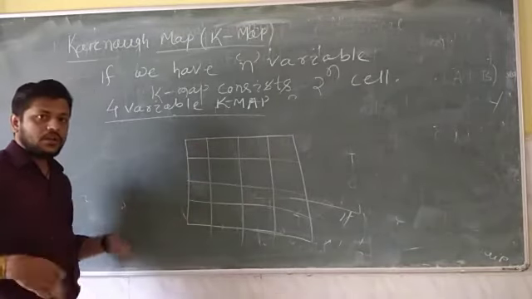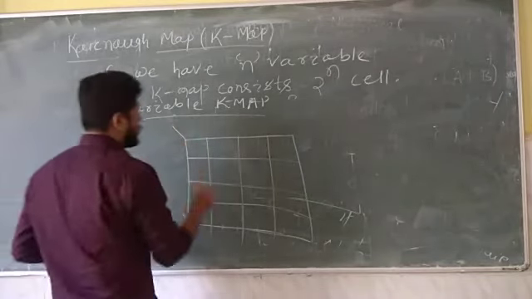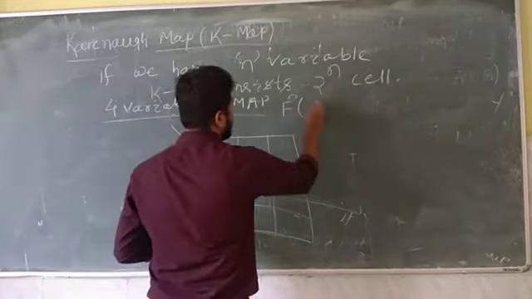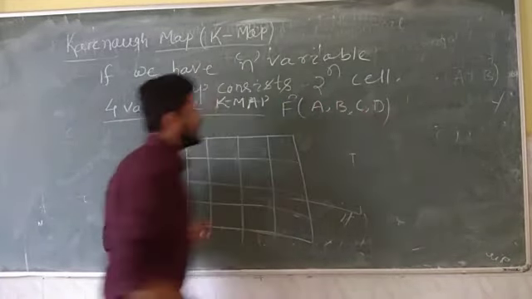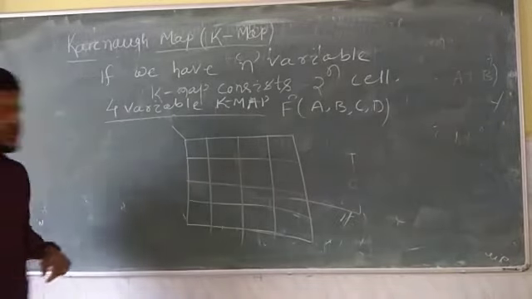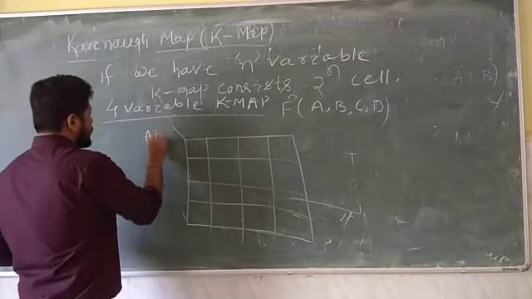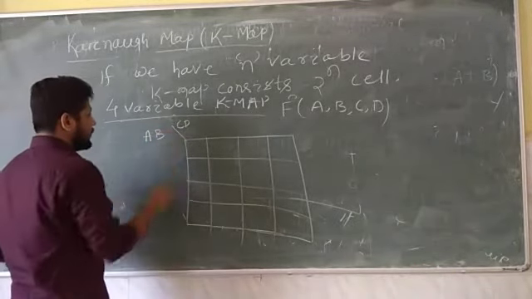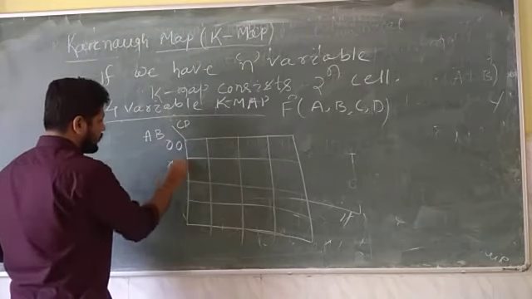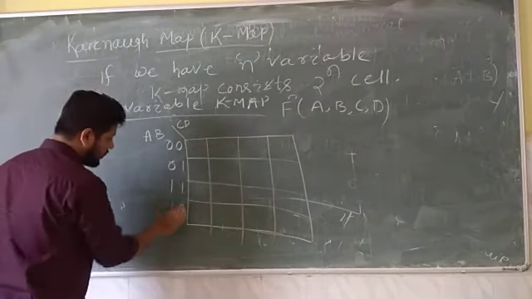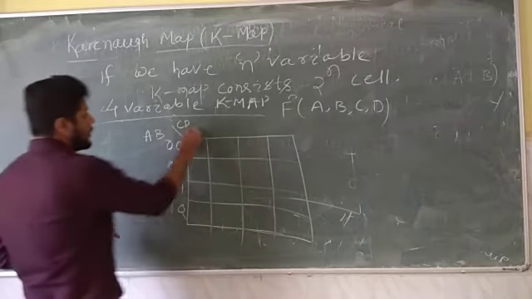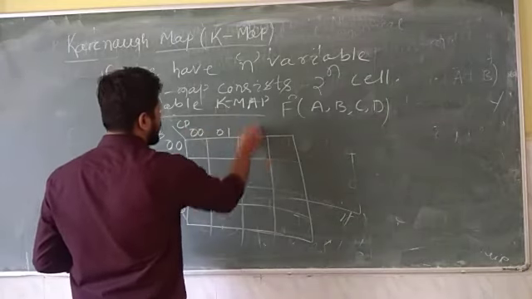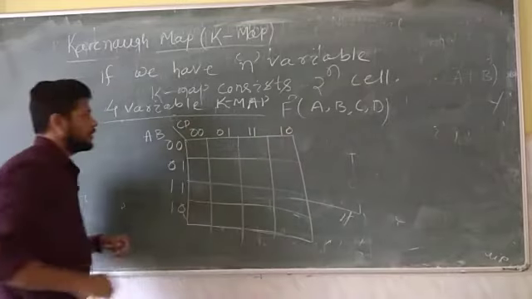So how to number those cells? This is 4 variable, that means I am taking the variables as A, B and C, D. So this is A, B and C, D. So this is your 0 0, 0 1, then 1 1, then 1 0, and 0 0, 0 1, 1 1, then 1 0.